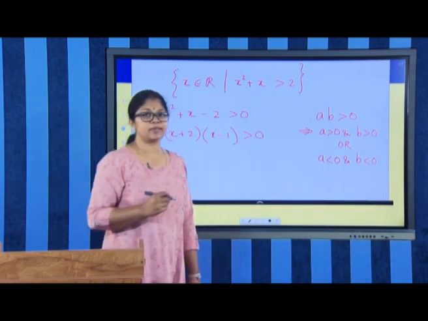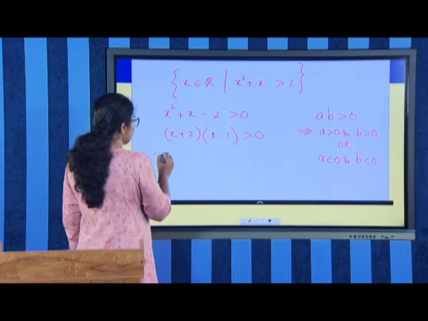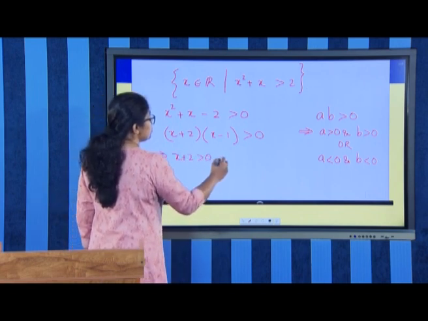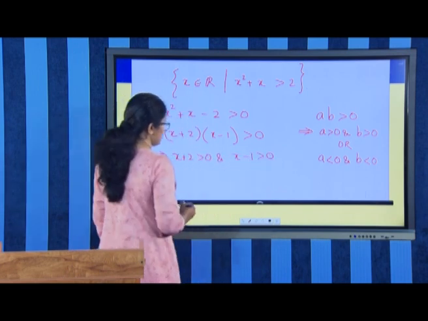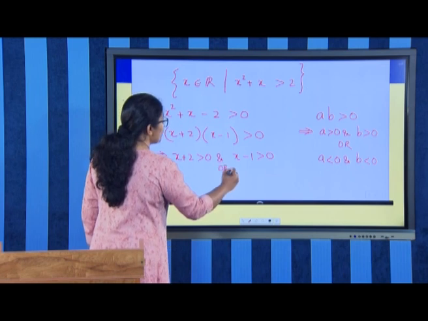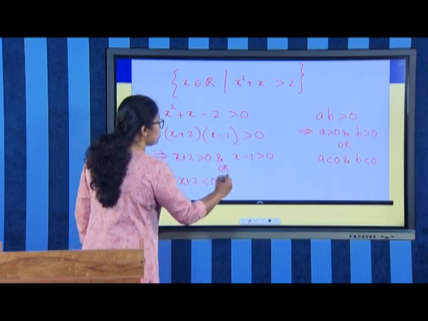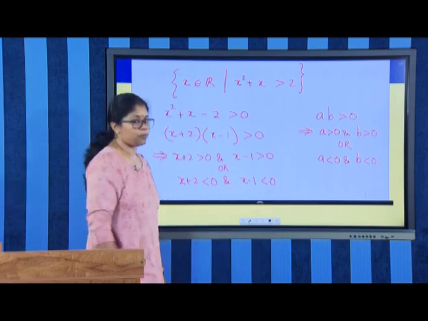So, using this result, this implies x plus 2 is greater than 0 and at the same time x minus 1 is greater than 0, or we have the condition that x plus 2 is less than 0 and at the same time x minus 1 is less than 0.